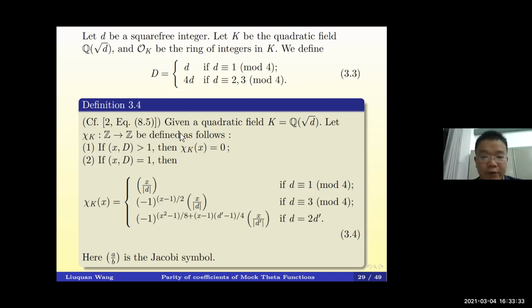We also need the following function chi sub K. So given this quadratic field, we need chi sub K to be a function from Z to Z, from integers taking integer values.